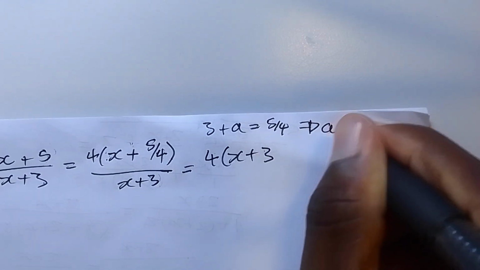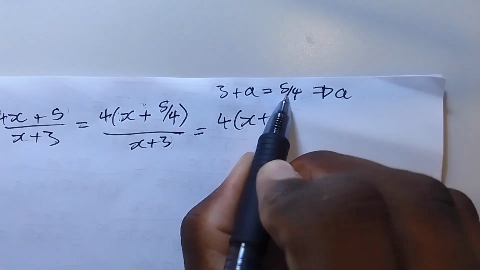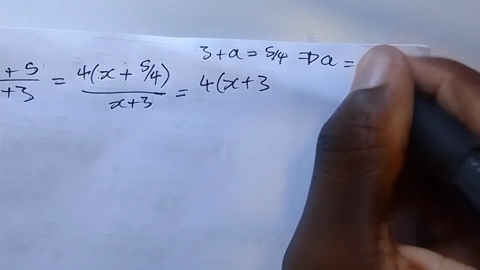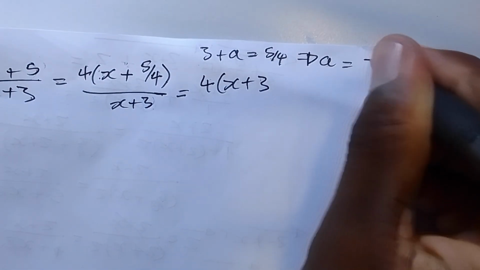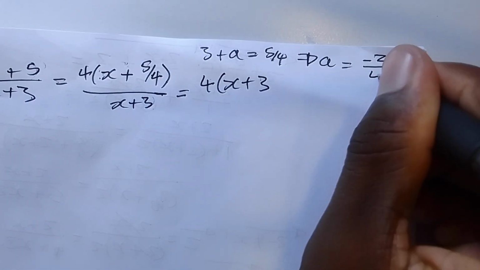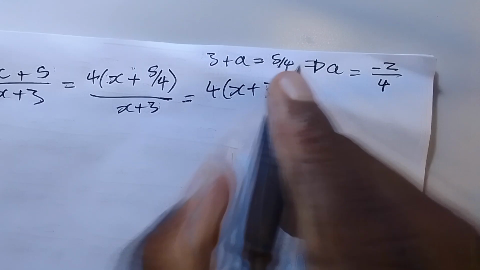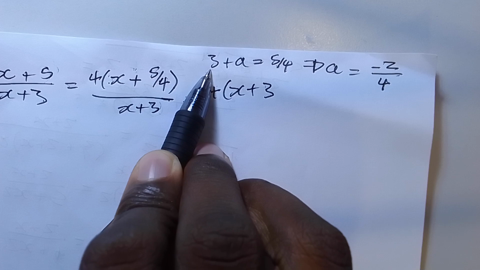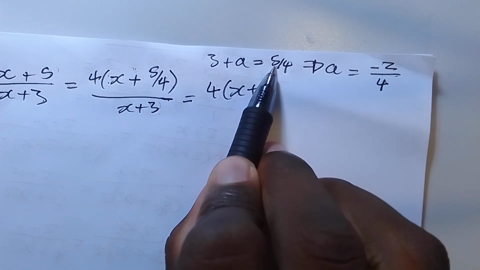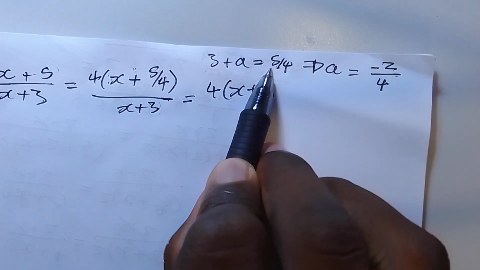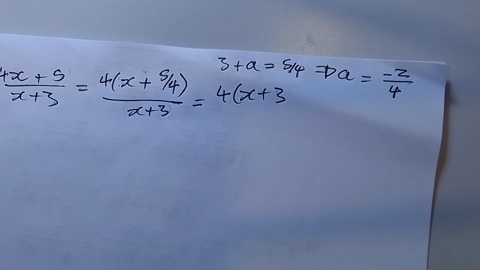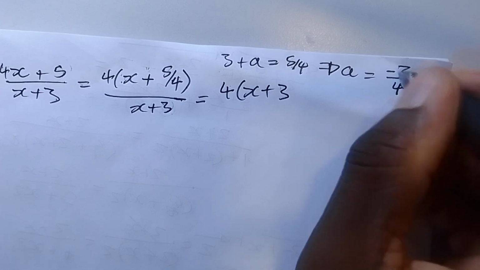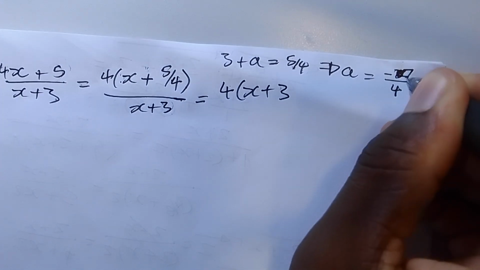Therefore, your a should be 5 over 4 minus 3, which should be, 4 times 3 is 12, then 12 minus 5 is 7, so it's 7 over 4.